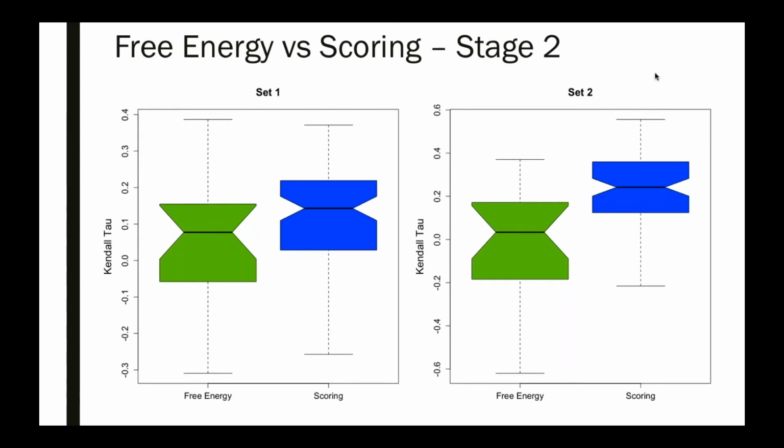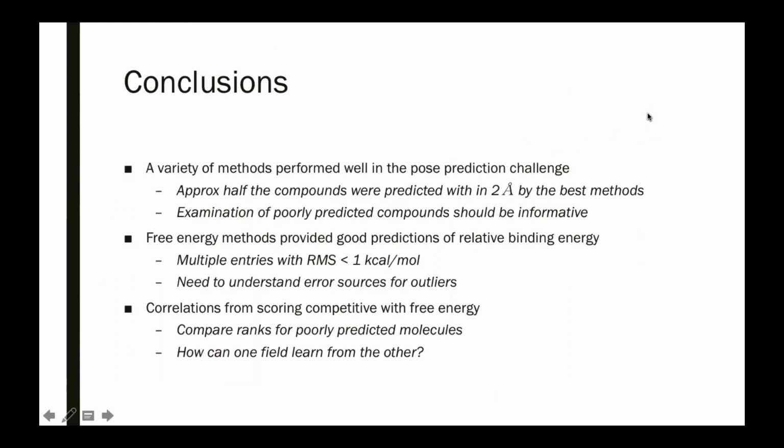In stage 2, where we knew the pose this time, you can see that again at the top end we had roughly equivalent performance between free energy and scoring, but the best on set 2 for scoring was a little better than what we saw for the free energy.